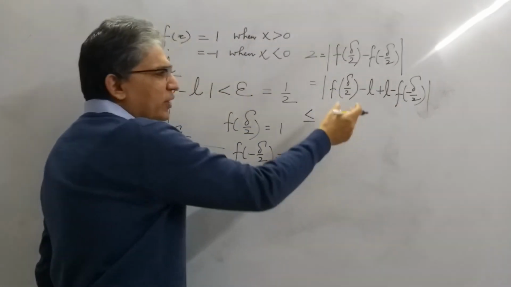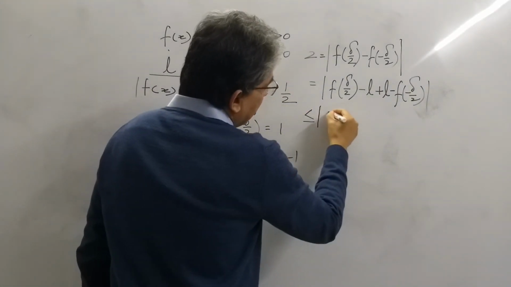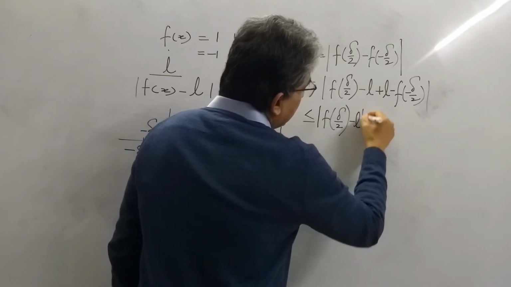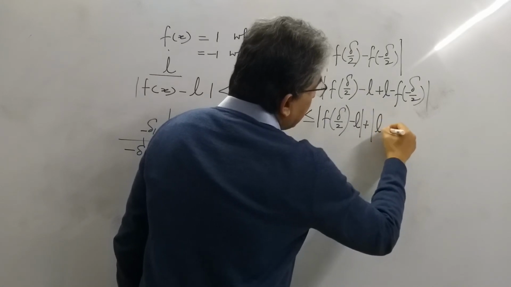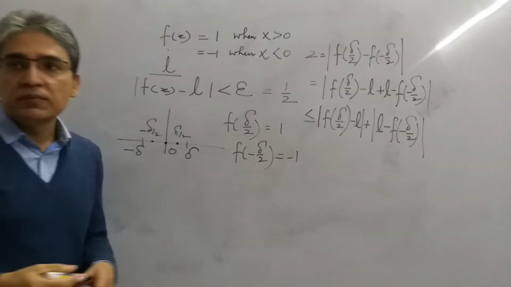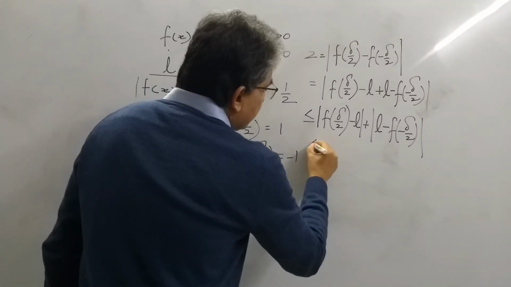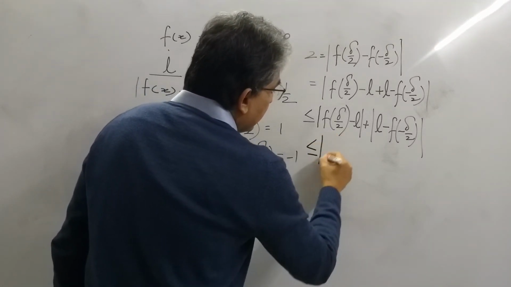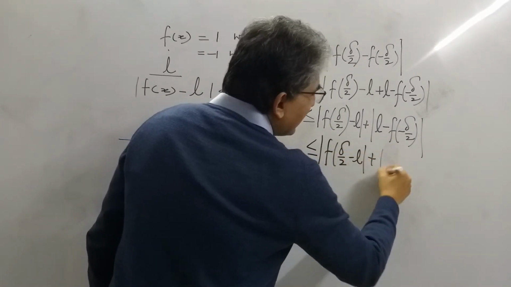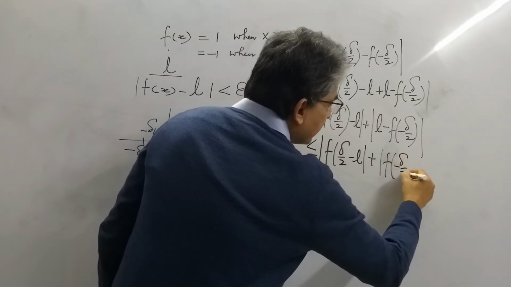You must be knowing that when I separate it, it will be less than or equal to the modulus of f of delta by 2 minus L plus L minus f of minus delta by 2. This should be okay with you. Now I can swap it because this is a modulus: f of minus delta by 2 minus L.